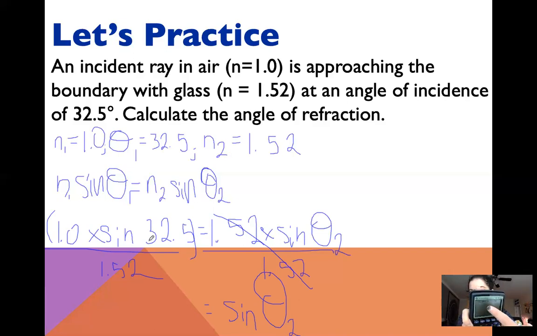I've got 2 open parentheses, so I need to close both of them. Now I can do my division. Divided by 1.52. That is a big long number. I'm going to abbreviate it on my work page, but I'm going to use the whole number in my calculator in a second. So we get 0.358.